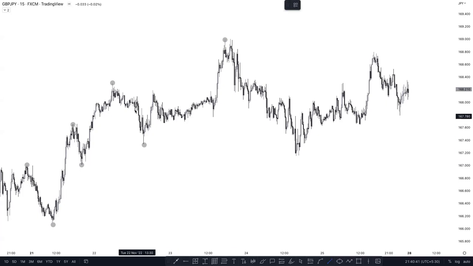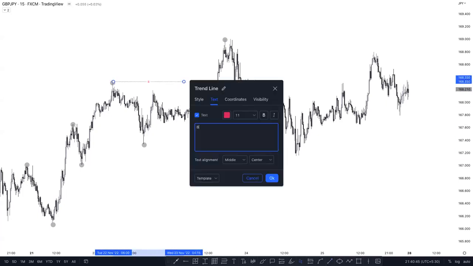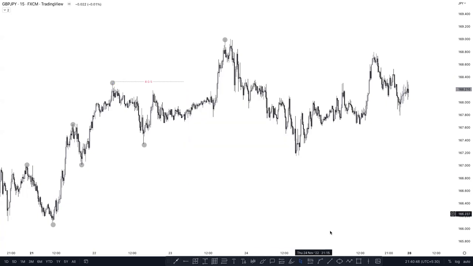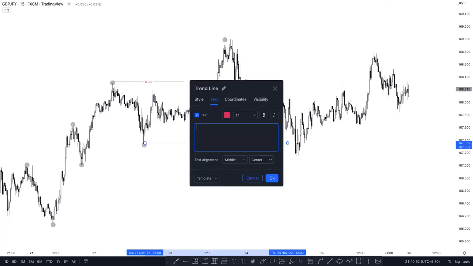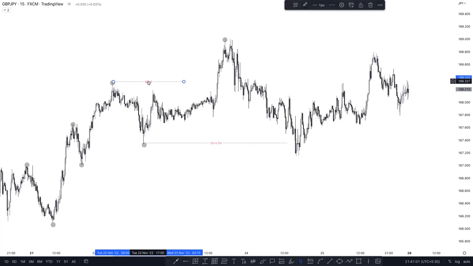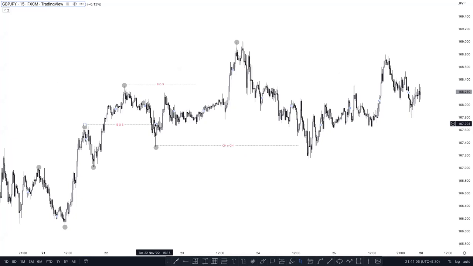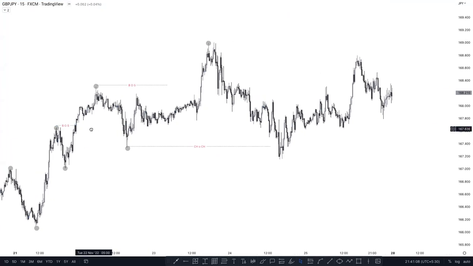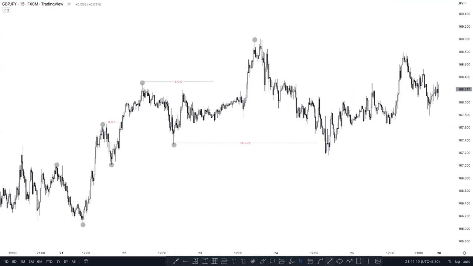Okay, and this one is the break of structure, and this will be our change of character, and this one is also, the previous low is swept here.